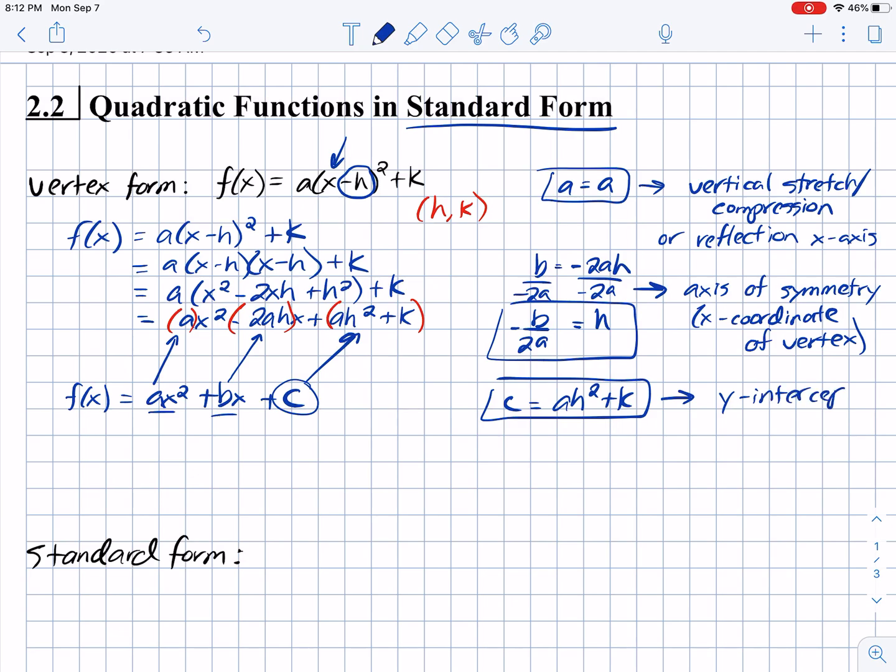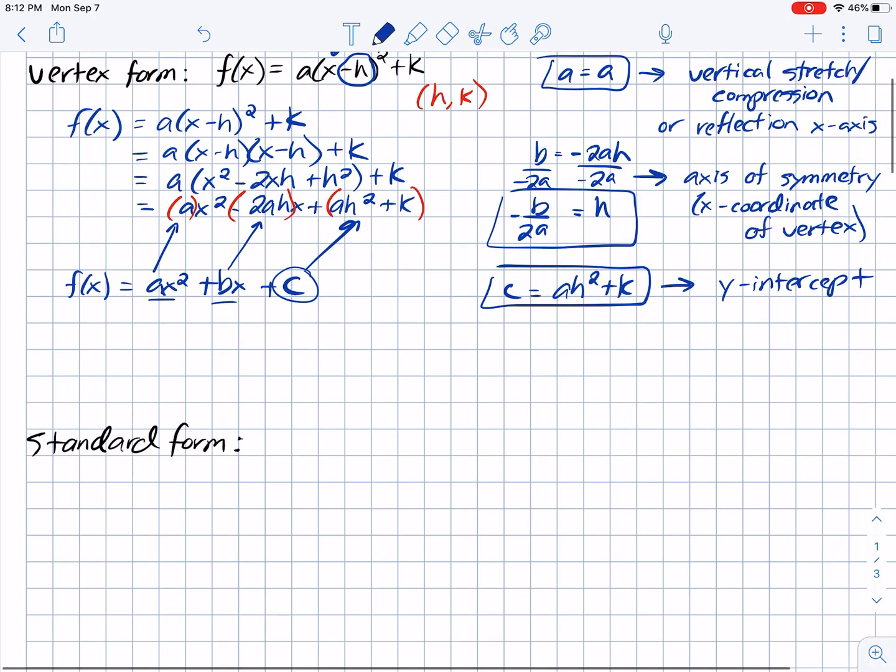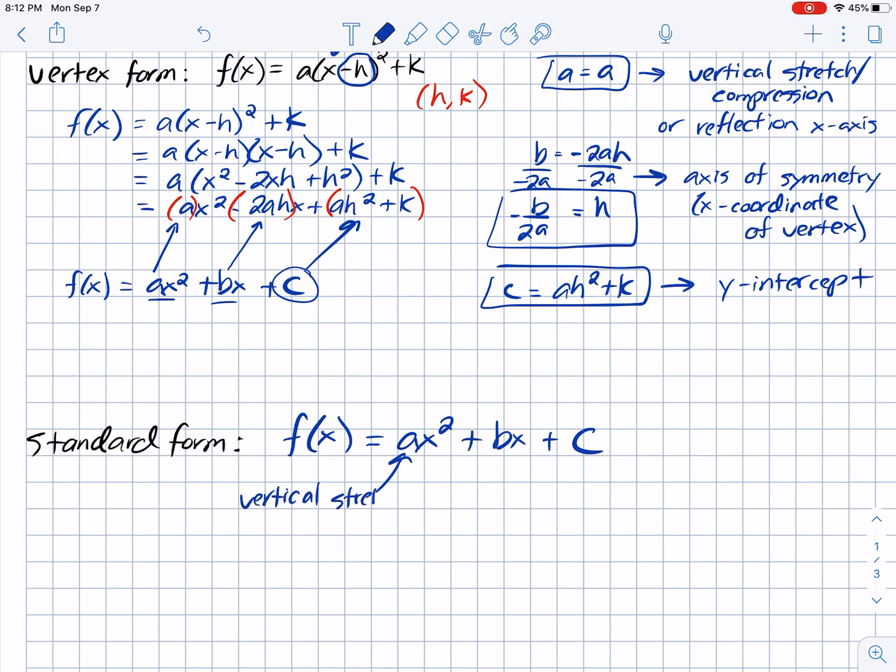Both of these are just going to get us our y-intercept. Okay. And I'd like to write standard form down here one more time, highlighting the a, b, and c values. So f of x equals ax squared plus bx plus c, where a is just your vertical stretch or compression. It also tells you whether we reflect over the x-axis or not.